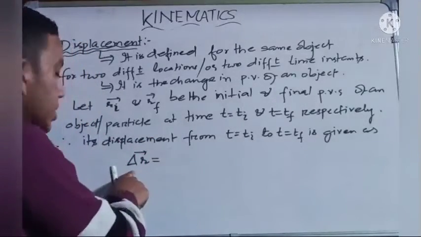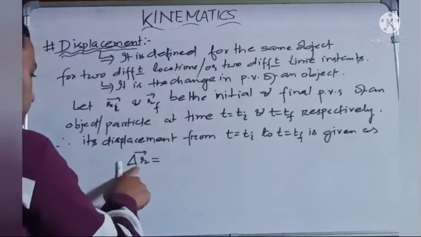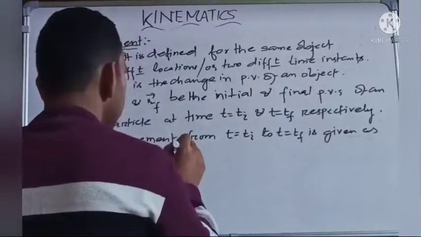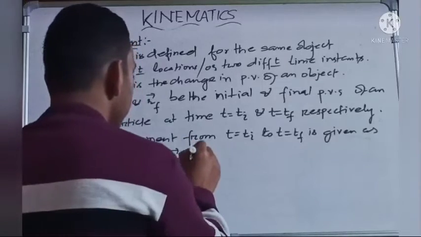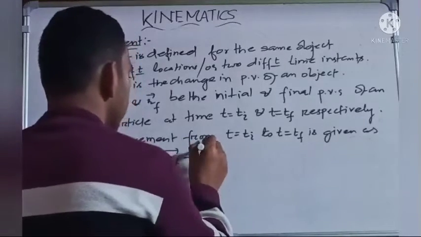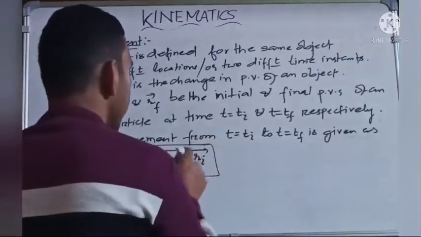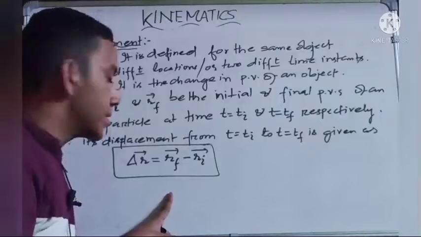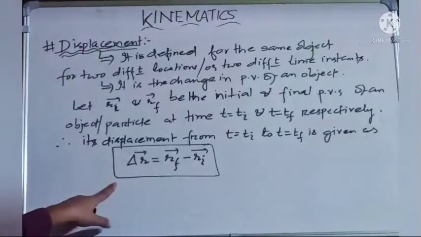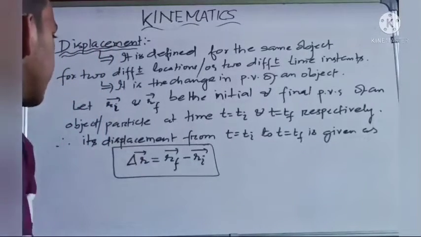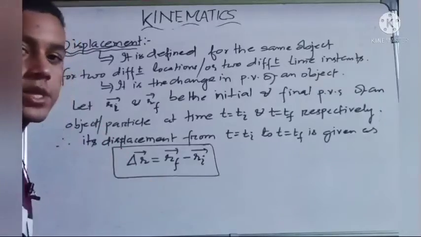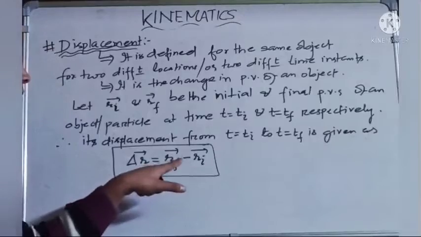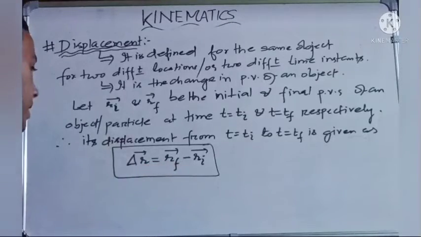Here delta denotes the change in this quantity, that means change in the position vector. It is R final, that means final position vector minus initial position vector. All these are vector summations and subtractions, not ordinary subtraction. In this way we define the displacement vector. This is a vector quantity as we can see. Since position vectors are vector quantities, their subtraction is also going to be a vector quantity.